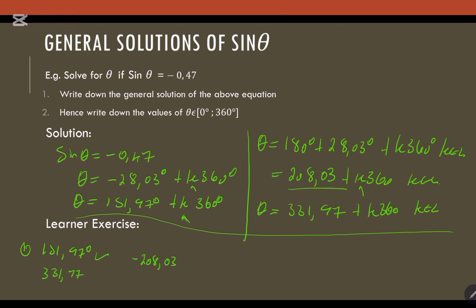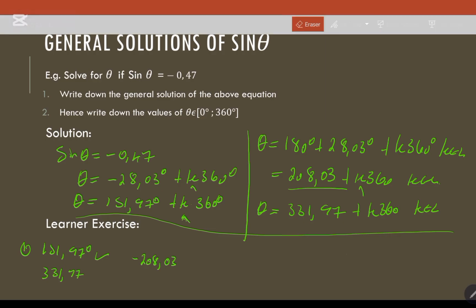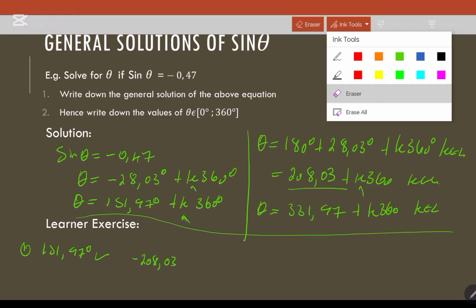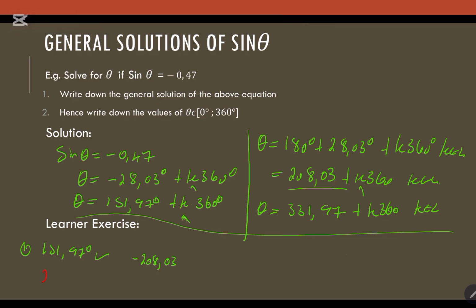So the only two angles that we have here are 208.03 and 151.97. These are the only two angles that are found within the intersection of these two graphs.